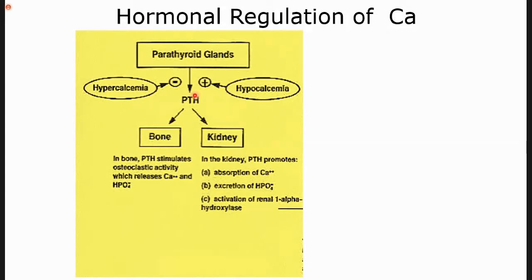The parathyroid hormone stimulates osteoclastic activity, releasing calcium and phosphate from the bones. It acts on the kidneys to increase the absorption of calcium and the excretion of phosphate, and at the same time it activates the 1-alpha hydroxylase enzyme that activates vitamin D.